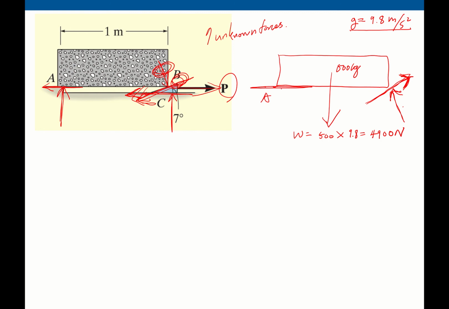We already know that at the stone we have support reactions, which are a normal force and a frictional force.